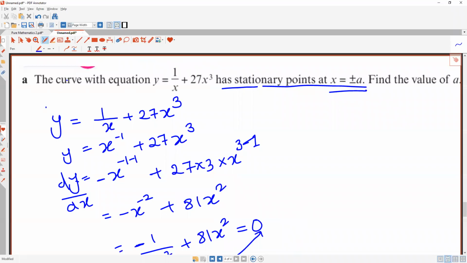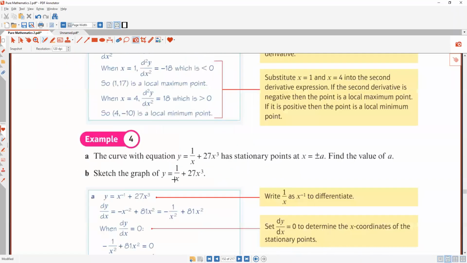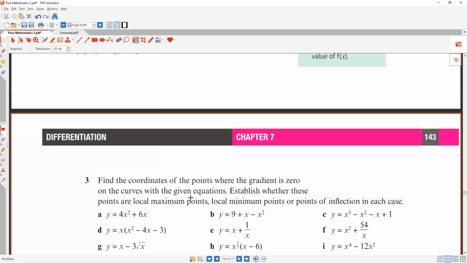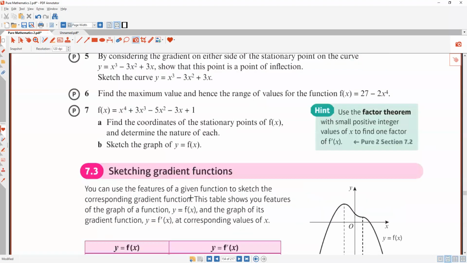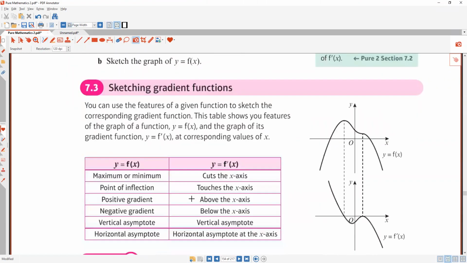So we know our stationary points. Now they said to sketch the graph. I'm going to ignore the sketching graph concept because I don't think that's going to come. Regarding sketching the gradient function, today most probably I'm going to send you guys a video. Watch it.